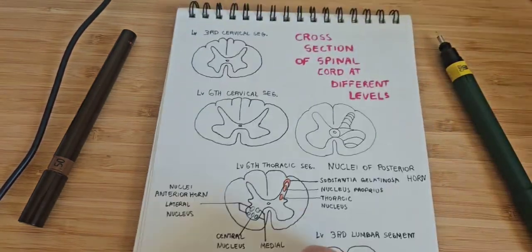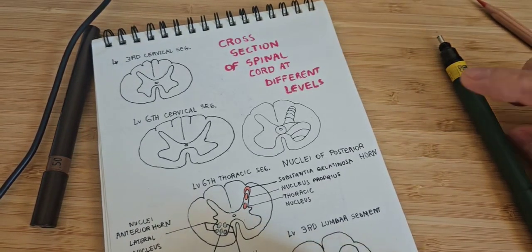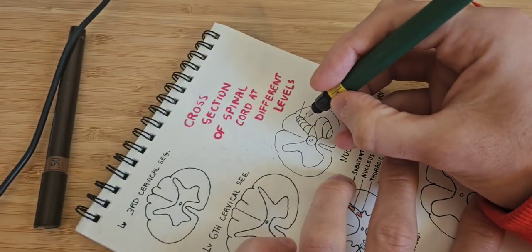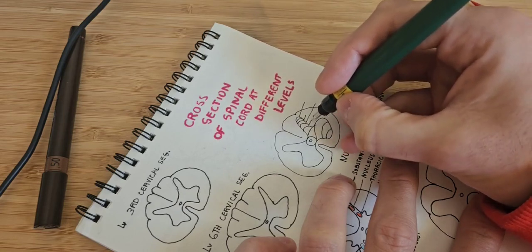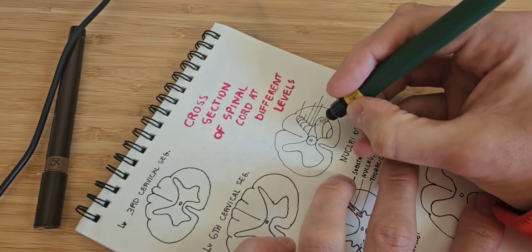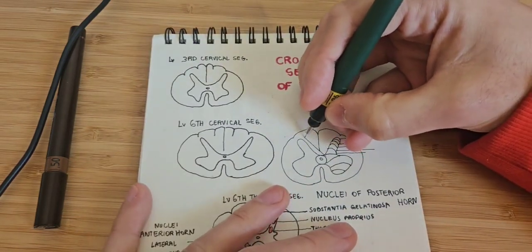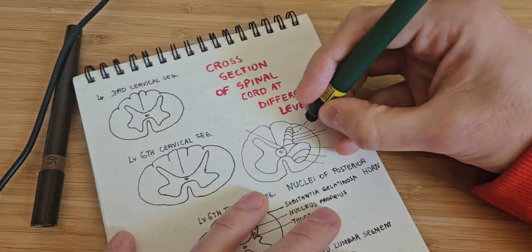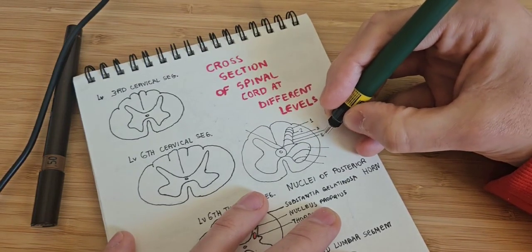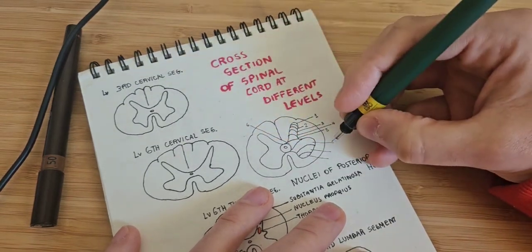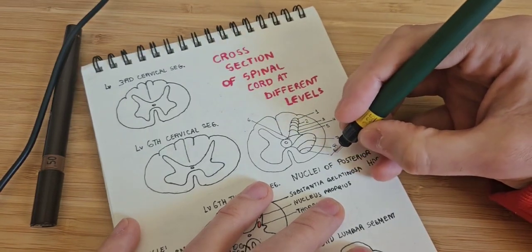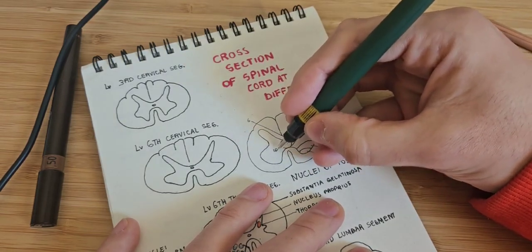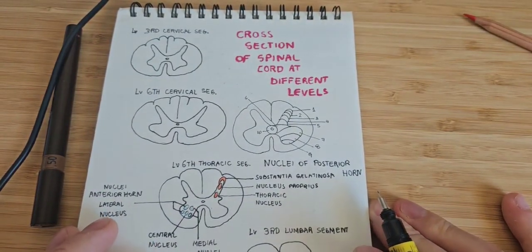Now 1, 2, 3, 4, 5, 6, 7, 8, 9, and then this one, 10.